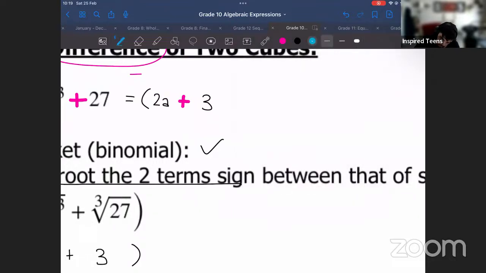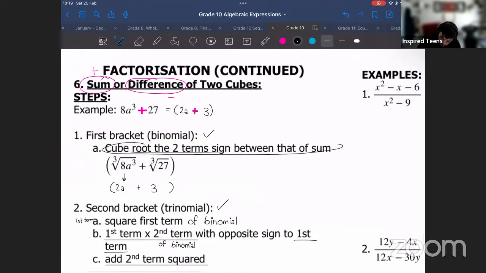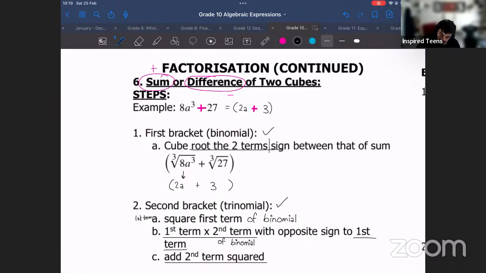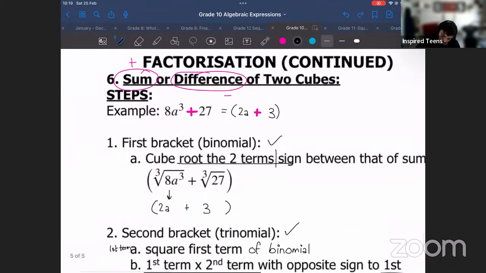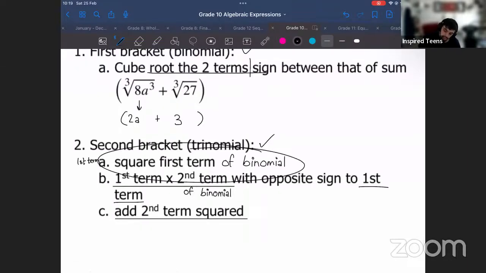Okay, so first step done. What is the first step? Create the binomial. How do we create the binomial? Cube root the two terms, and you keep the sign that's between them, that of the sum. So basically, you cube root each term, term 1, term 2, and you keep the sign the same. Then we're going to form a trinomial. Now, how do you form the first term of the trinomial? By squaring the first term of the binomial.